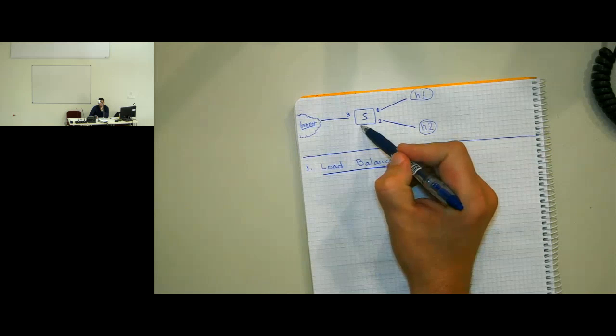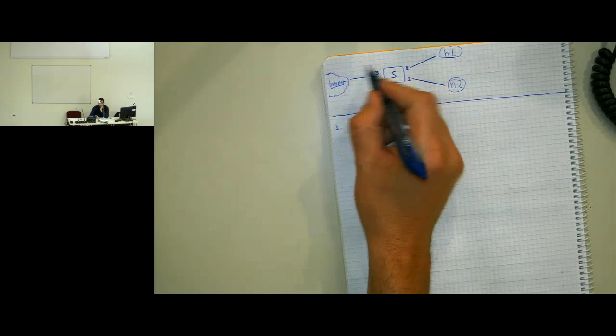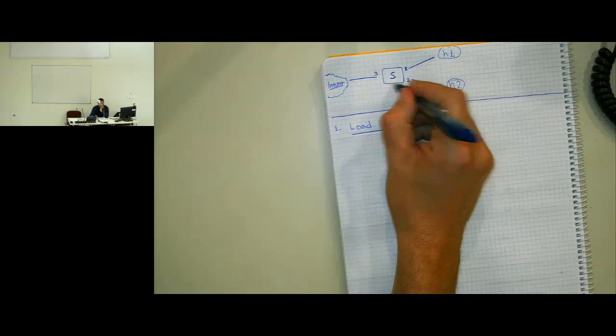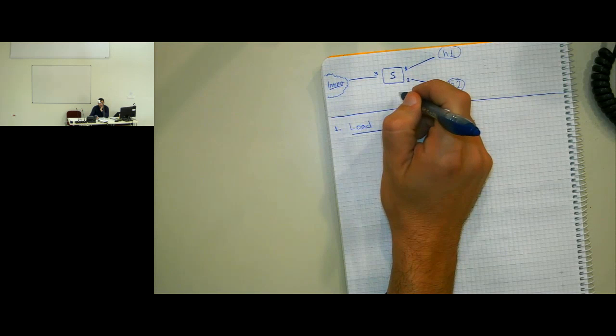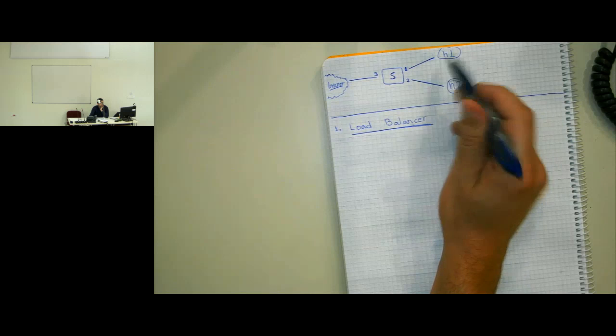So here we have a switch, and here we have two hosts. Let's say that we have packets coming in from here that are destined to this switch. The packets do not know that we have two hosts in the background.